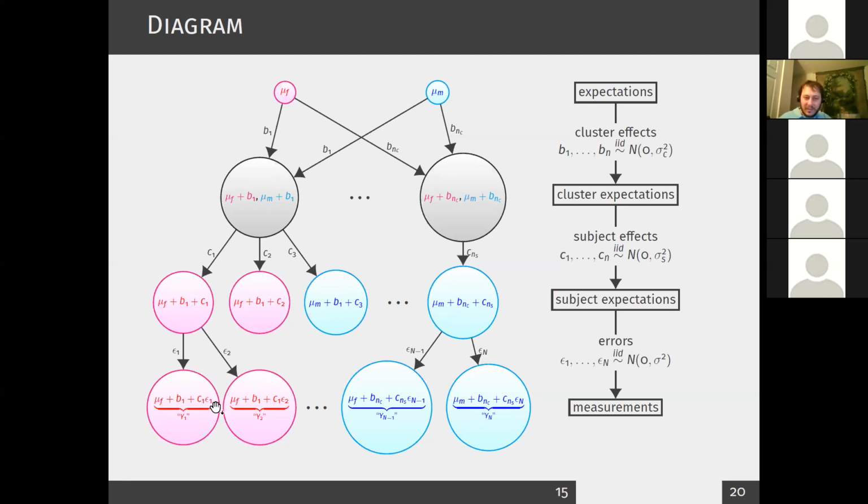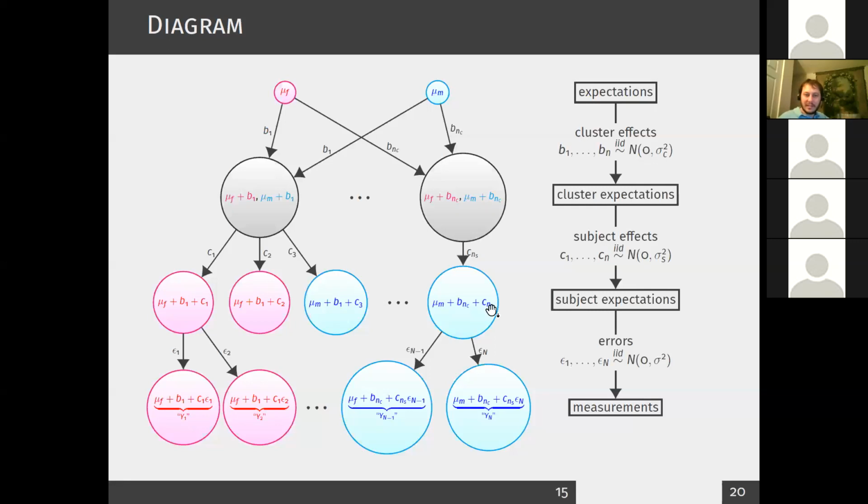Her actual scores are going to be deviating from her expectation by these IID normal errors, and we're bringing in assumptions that every school's effect is normal. The schools' effects are IID normal 0 with some unknown variance sigma squared cluster.